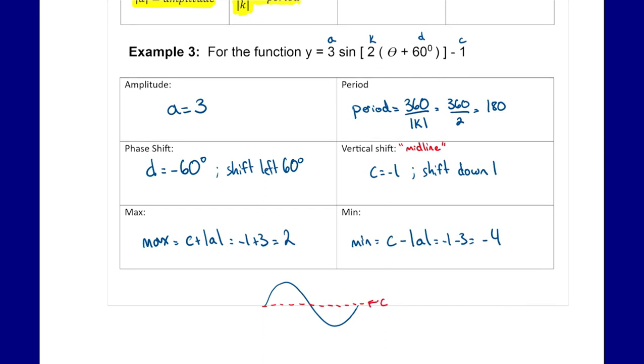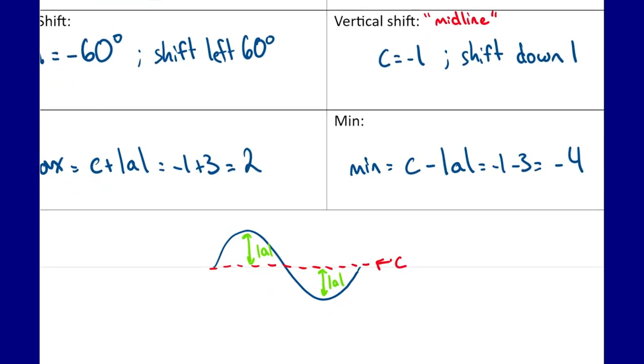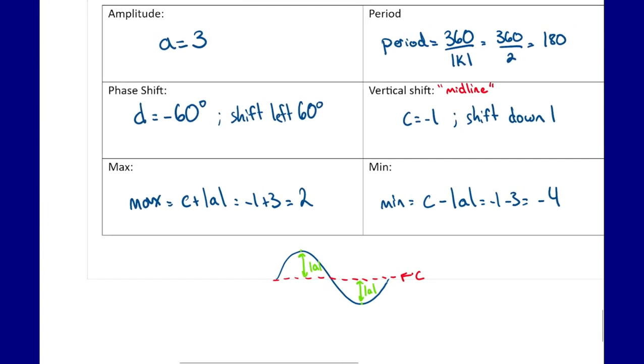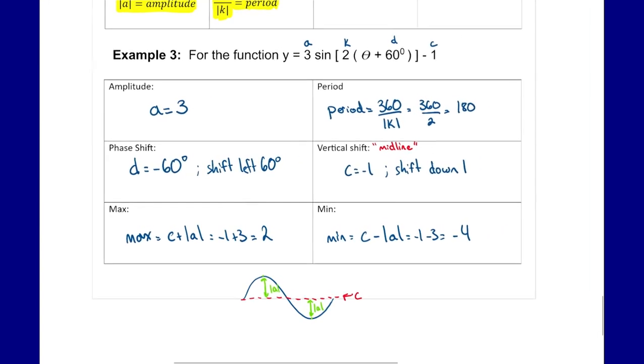So the C value is telling us what the midline is, and the amplitude is the distance, or half the distance between the max and the min, which is essentially the distance from the midline to the max or the min. So that's why we're adding or subtracting it from C, depending on what we're looking for.